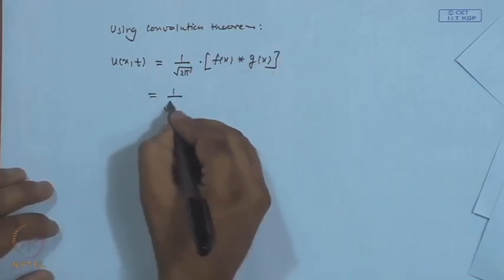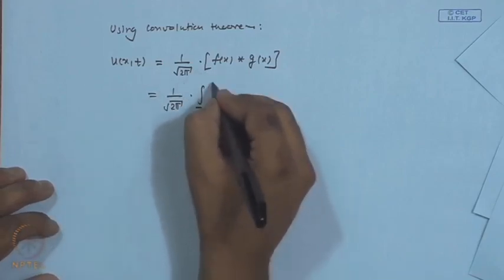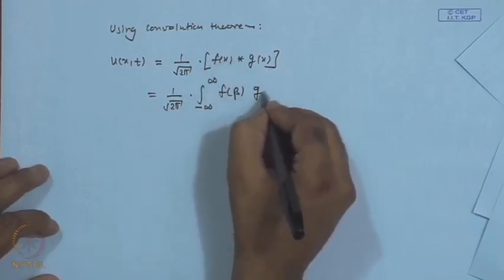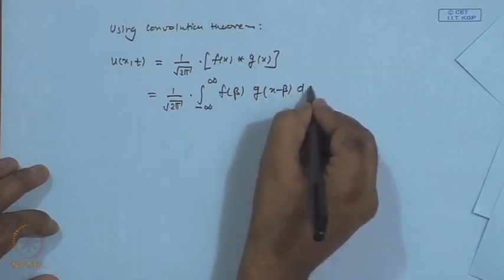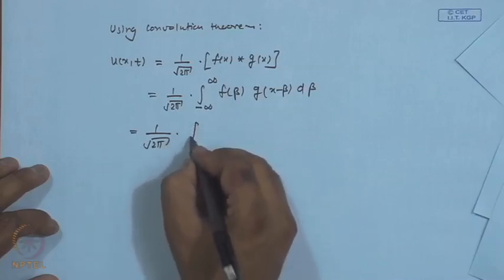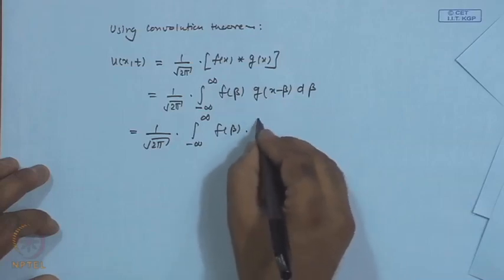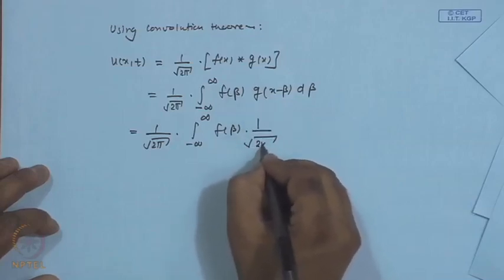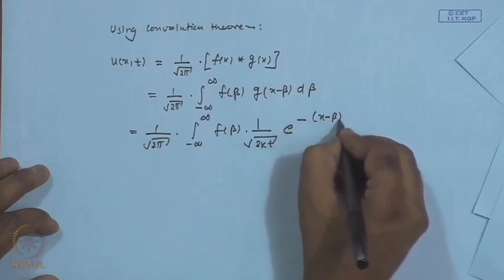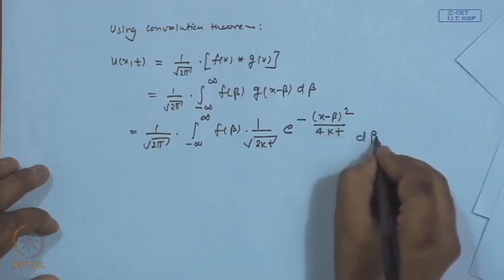So, this is 1 over square root 2 pi, and we have this convolution, minus infinity to plus infinity, f(beta) and g(x minus beta) d beta. So, 1 over square root 2 pi and minus infinity to plus infinity, we have f(beta), and g(beta) is given, 1 over 2kt e^(-(x minus beta)²/4kt), and we have d beta.